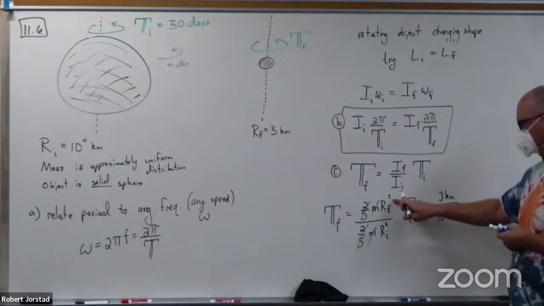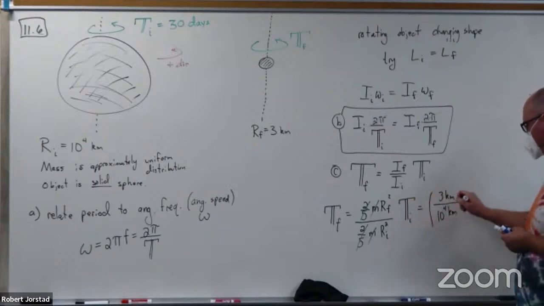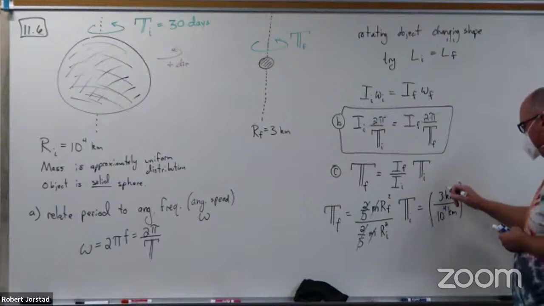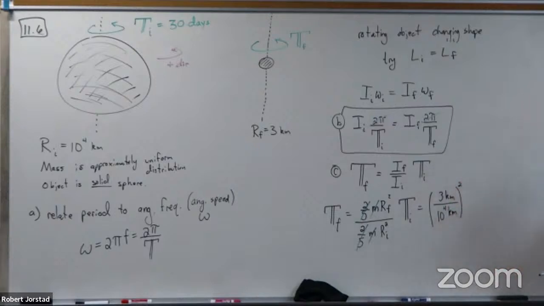Now notice this is squared and this is squared, so I could actually just factor the squared out and take this quantity and square it, or you could square each one. I like doing it this way because then I can see right away the kilometers are going to drop, so I don't need to worry about that. This period was 30 days, and I believe you get 2.7 times 10 to the minus 6 days.